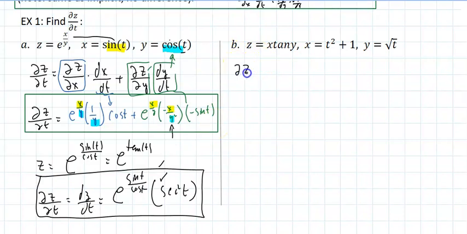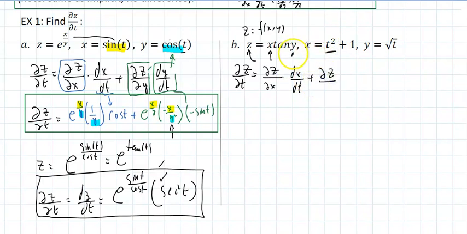So if I take the partial of z with respect to t, again, that's the partial of z with respect to its first variable, because z is a function of x and y. So with respect to x times dx/dt plus the partial of z with respect to the second variable, dy/dt.